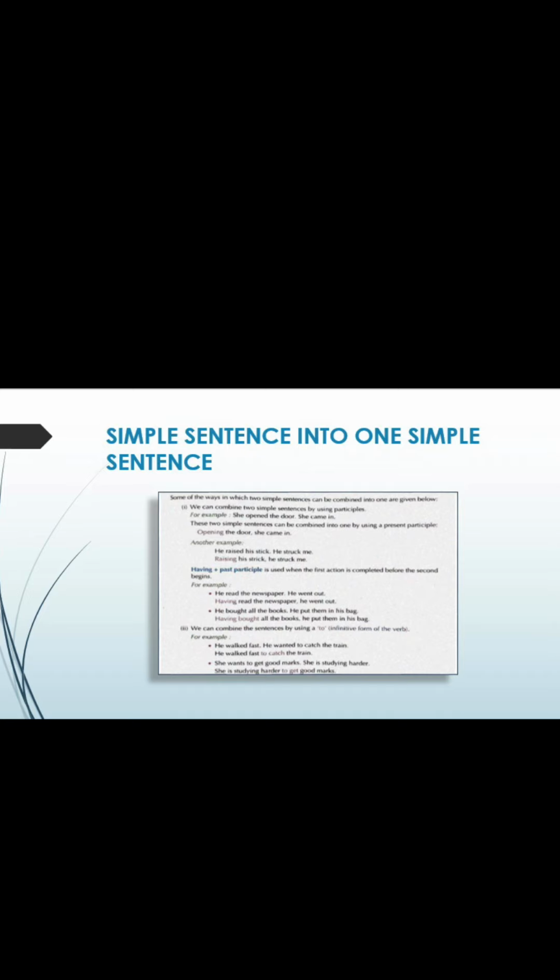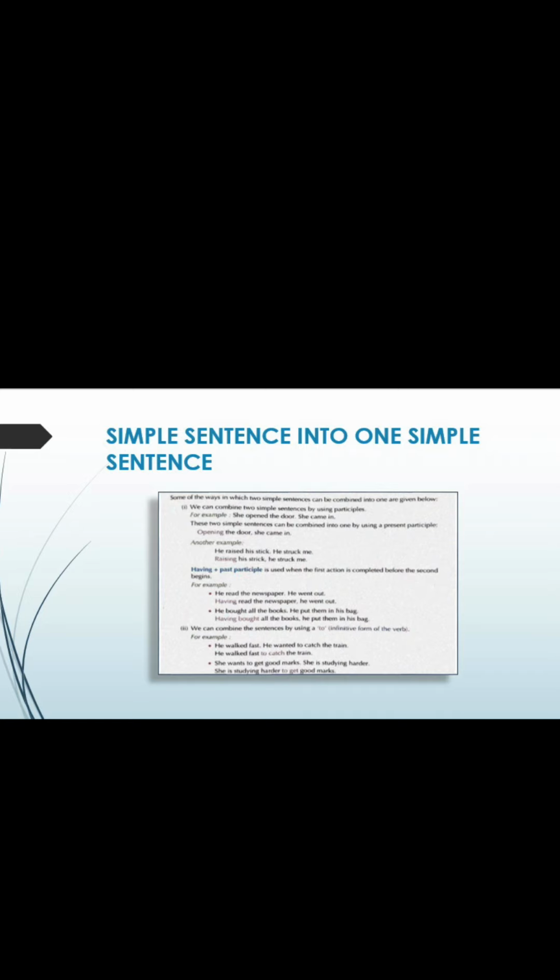So if you say she opened the door, she came in, these are two different sentences, like she opened the door, full stop, she came in, full stop. So if I want to put the period towards the end, what would I say? Opening the door, comma, she came in.